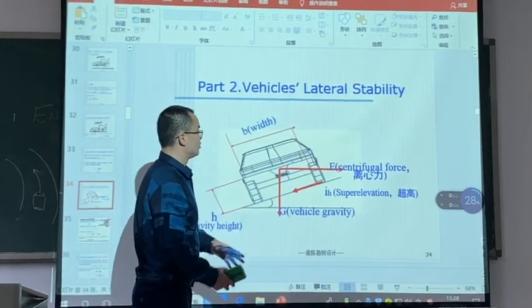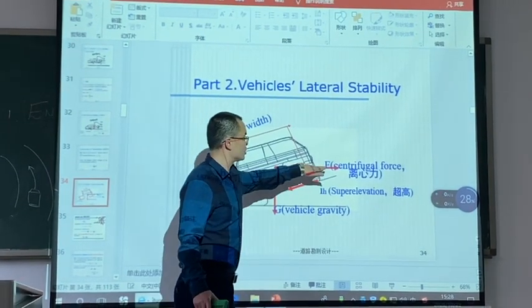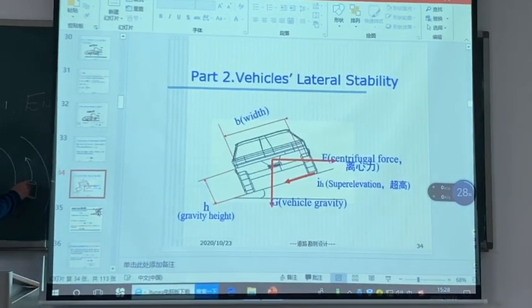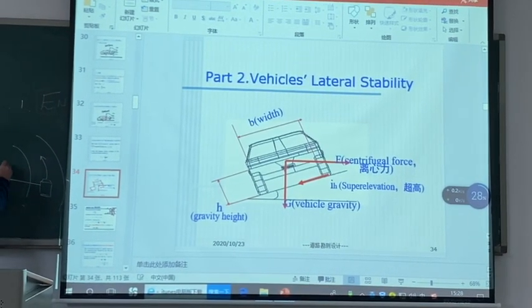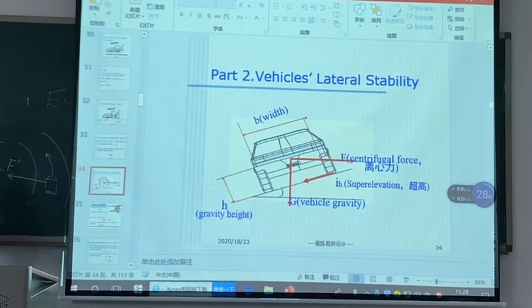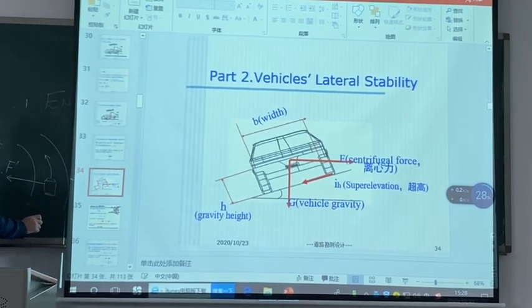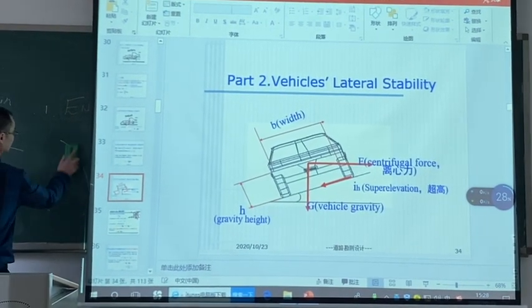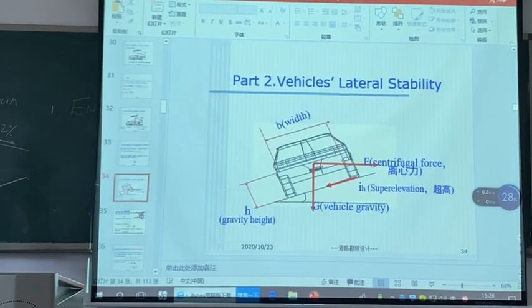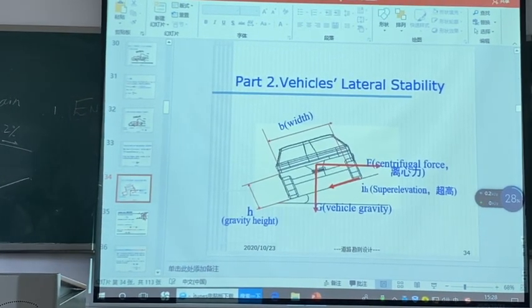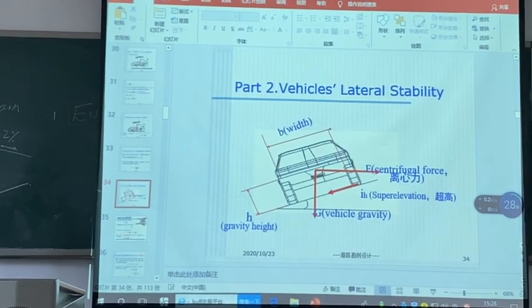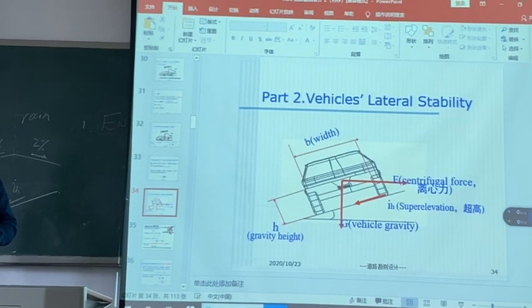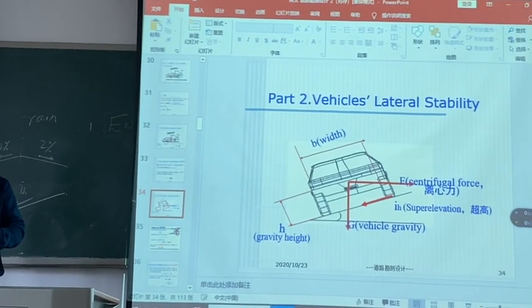Actually, the needed force is the one leading to the center.